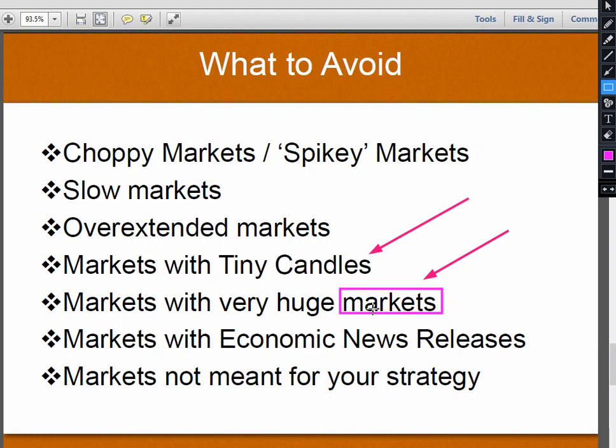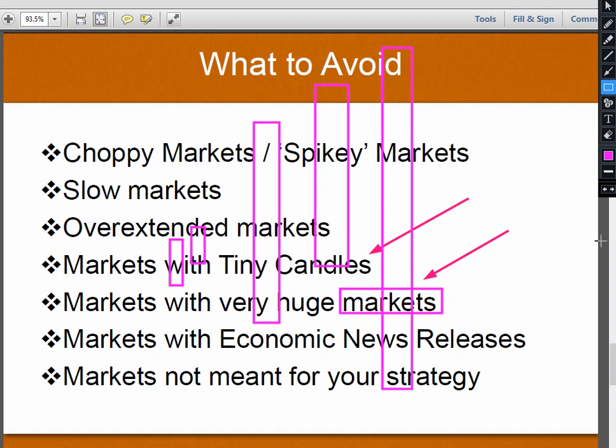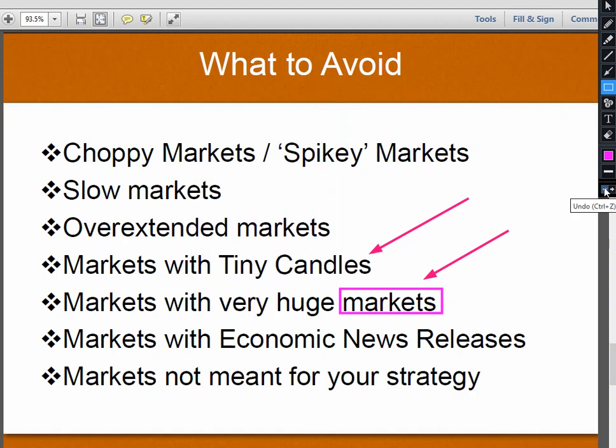If you see some strange candles, yeah, a normal candle would be something like this, body size, roughly, okay? But if you start seeing candles like this, candles like this, candles like this, well, get scared and avoid trading, because you don't know what's happening in the market. There could be something, if it's not news, causing that level of volatility, okay, and you may not know. So leave the markets alone.